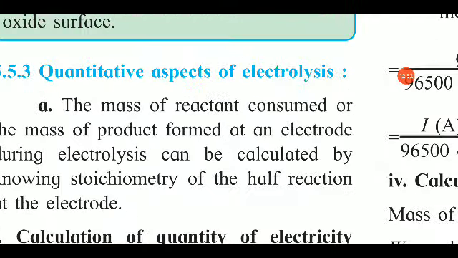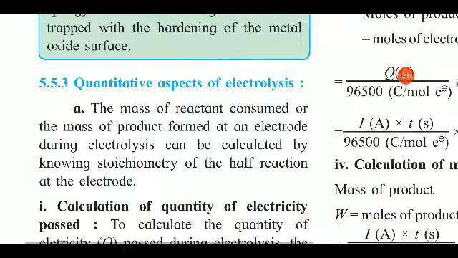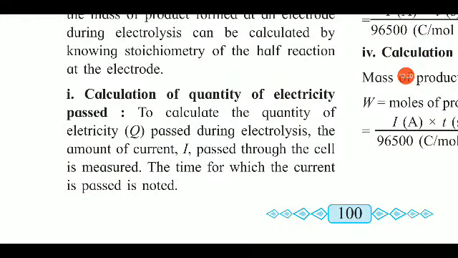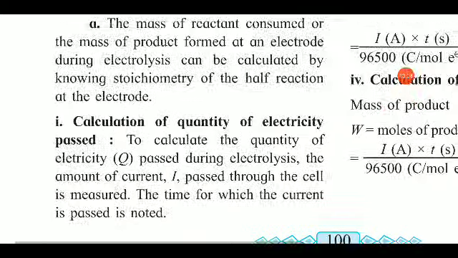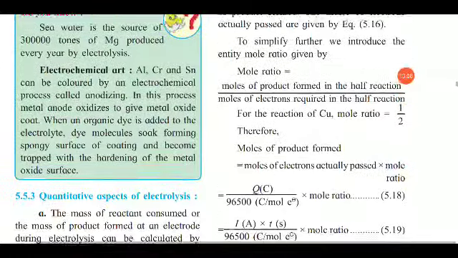Students, the quantitative aspects of electrolysis that we are now going to discuss begin with the calculation of the quantity of electricity passed. For this measurement, different methods have been developed.